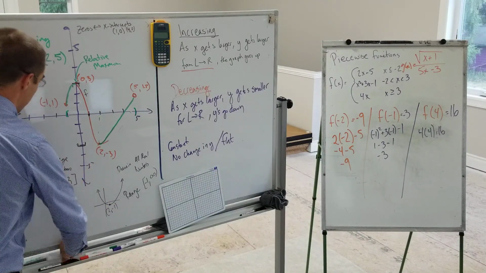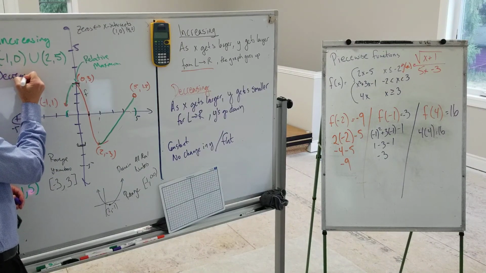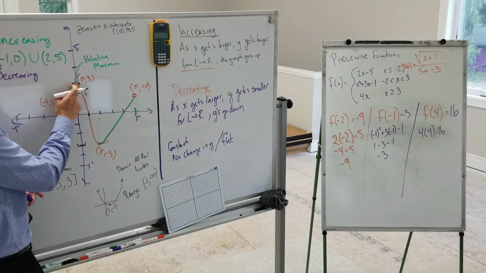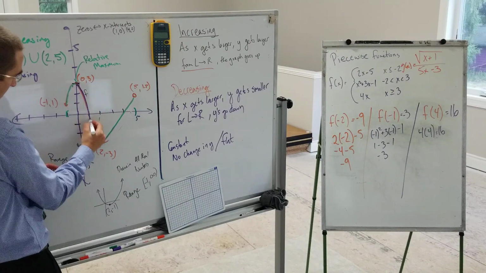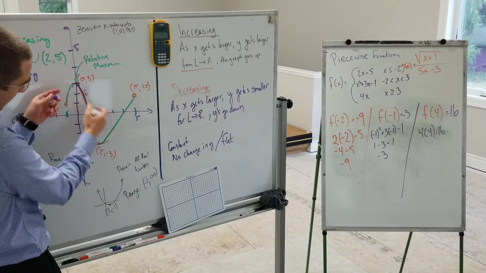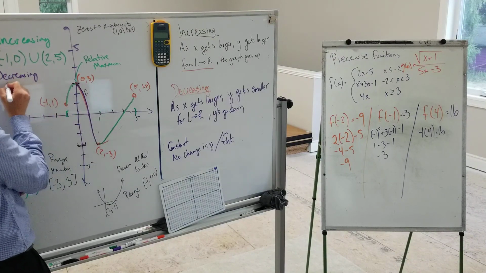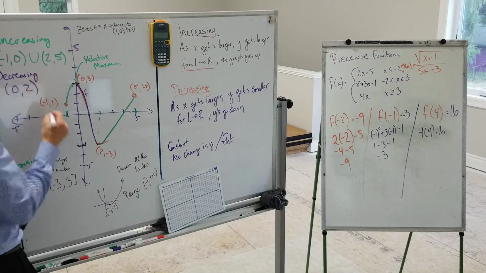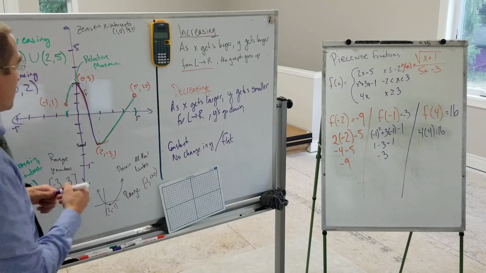All right, now let's find where it's decreasing. It's increasing here, it's increasing here. From this point to this point, from left to right, the graph is going down. So from 0 to 2, it is decreasing. Now, if we look at the graph, there are no constant spots.